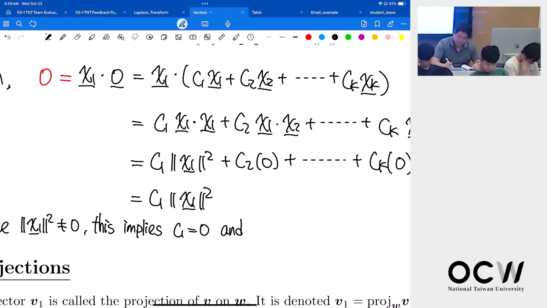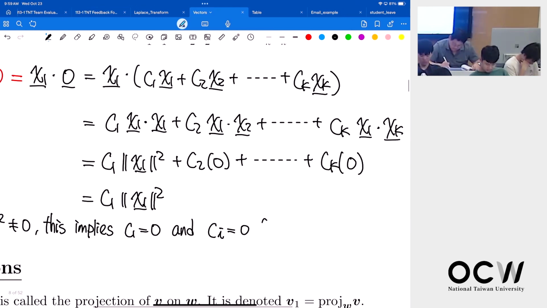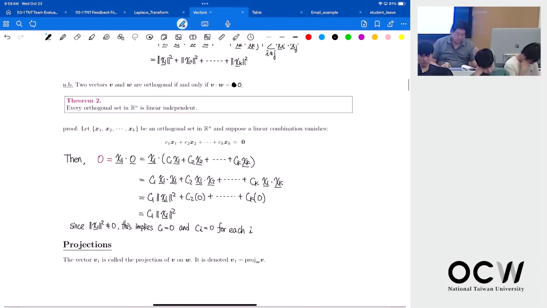And if you do this for x2, x3 to xk, those coefficients should be 0.